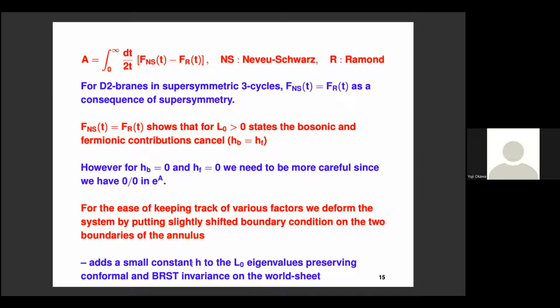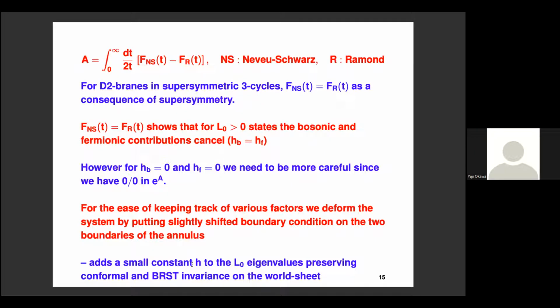I see. So is this consistent with the OPE also? Yeah, it is consistent with the OPE. You can think of it as if instead of having the 2 boundaries lying on the same instanton, the 2 boundaries are lying on slightly shifted instantons, which is also a perfectly physical configuration, right? Okay.